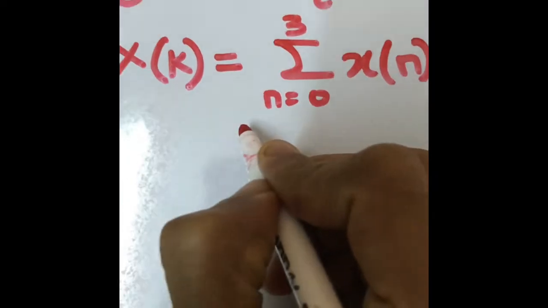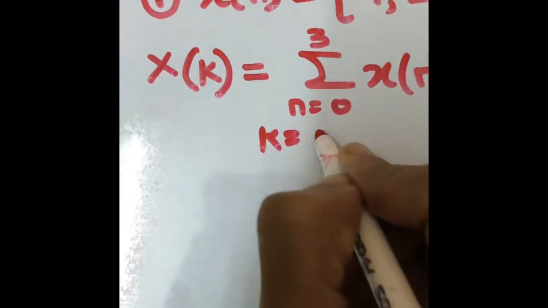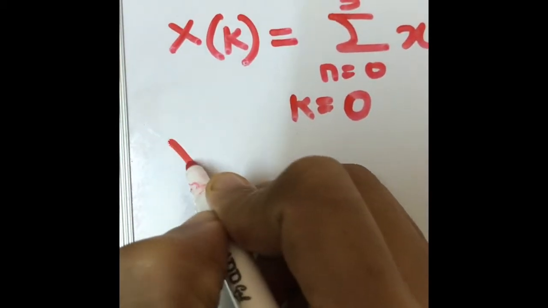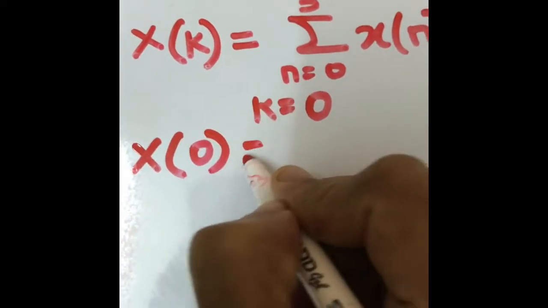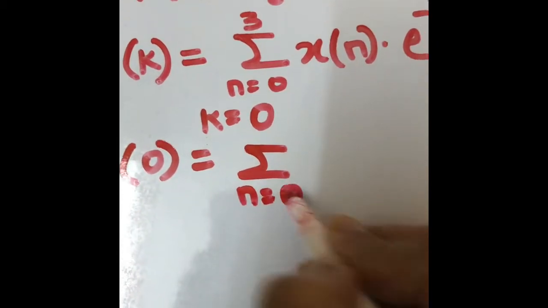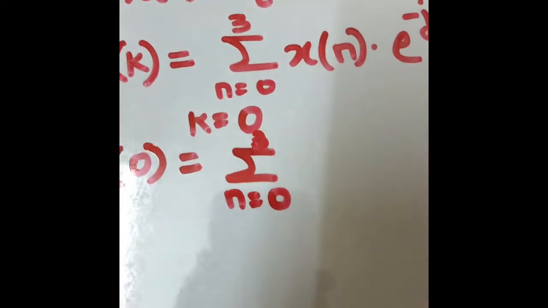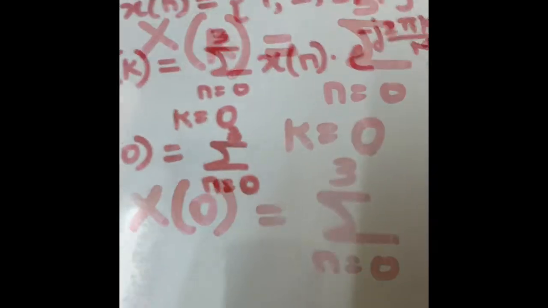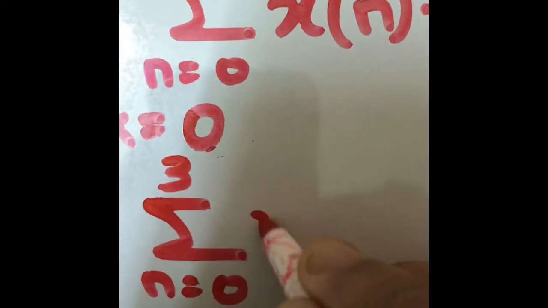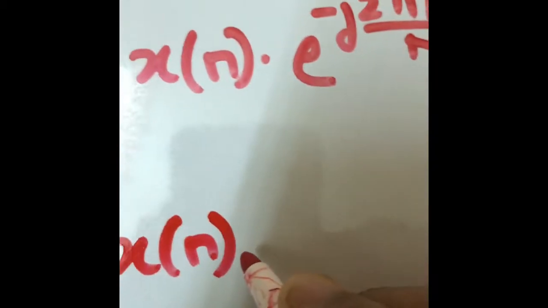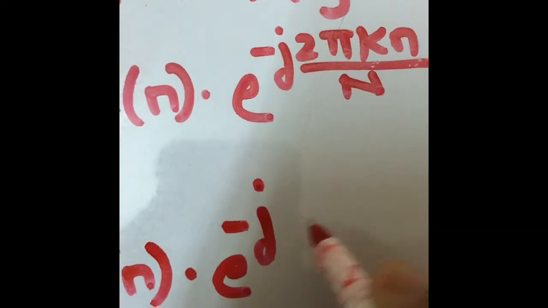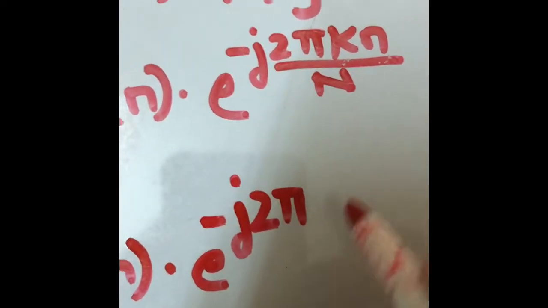Let us say for k is equal to 0. So for k is equal to 0, X of 0 is equal to summation from n is equal to 0 to 3 of x of n into e raised to minus j 2 pi, k is 0.